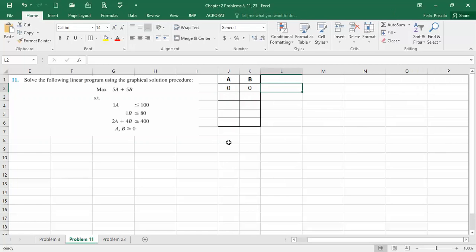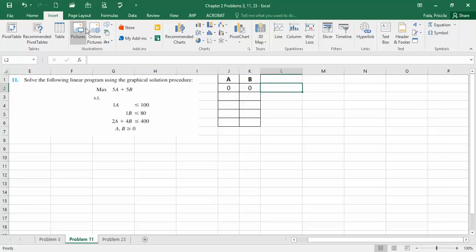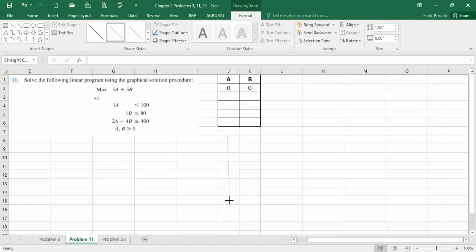Okay, so for the first values, you're always going to start with 0 and 0. If you had a graph right here, I just want to put the lines, not the graph itself. So let's suppose you have a graph over here, and insert another one right here.